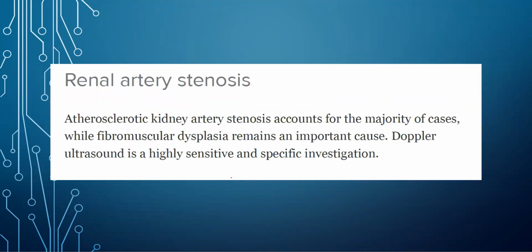Come to the renal artery stenosis. Most common cause of renal artery stenosis is atherosclerosis. But if a young female comes to you with hypertension and you have got renal bruit, most likely it's not atherosclerosis, it's fibromuscular dysplasia.